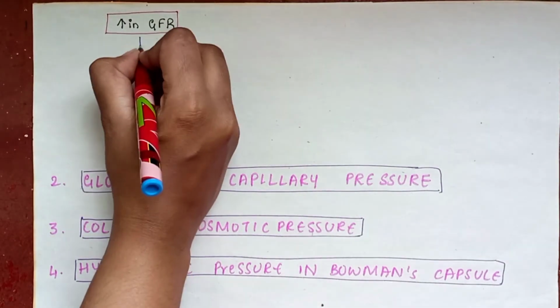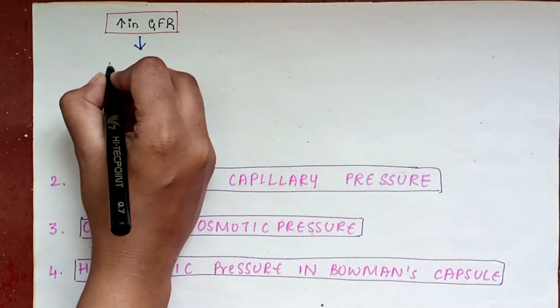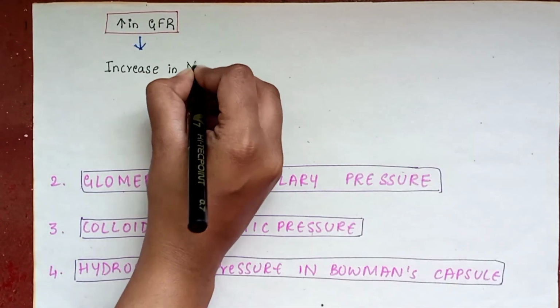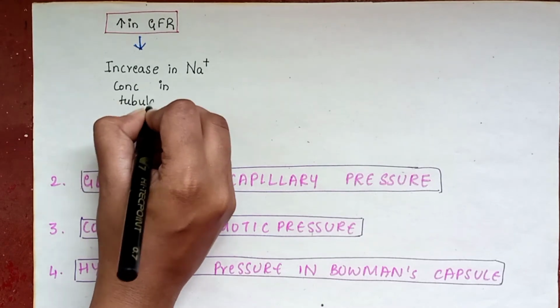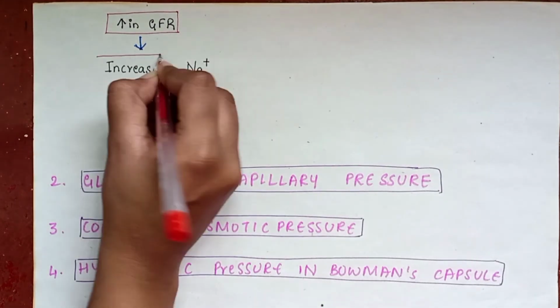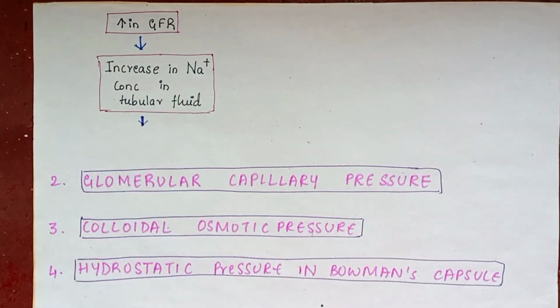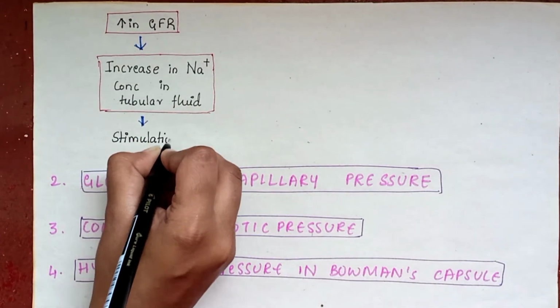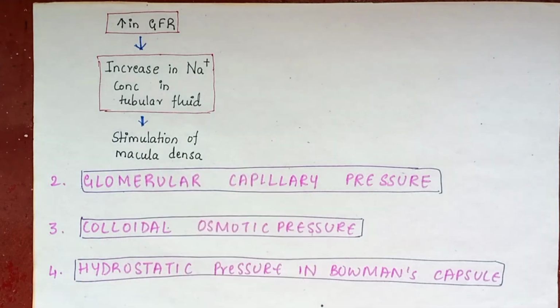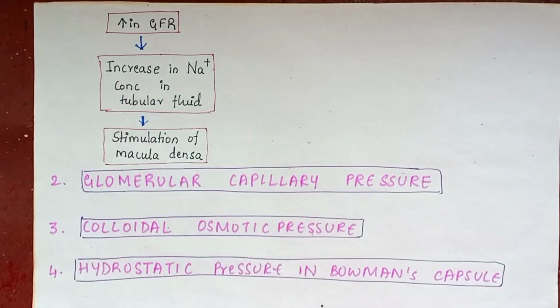The first one would be the tubulo-glomerular feedback. Basically what happens here is whenever there is increased glomerular filtration rate, there will be an increase in sodium concentration in tubular fluid. This will cause stimulation of the macula densa. The macula densa mainly acts here as a detector.